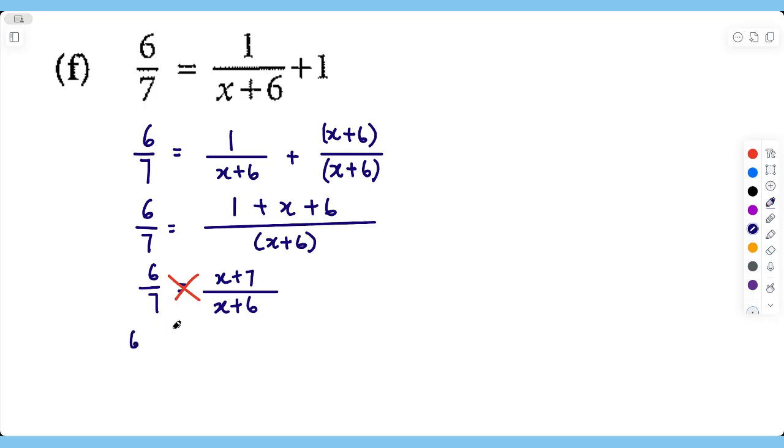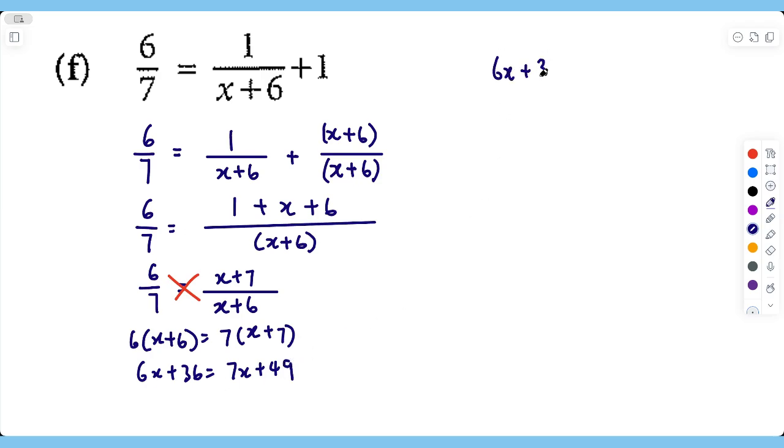6 times x plus 6 is equals to 7 times x plus 7. Let's expand out. 6x plus 36 is equals to 7x plus 49. Okay, I'll write this out again. 6x plus 36 is equals to 7x plus 49.